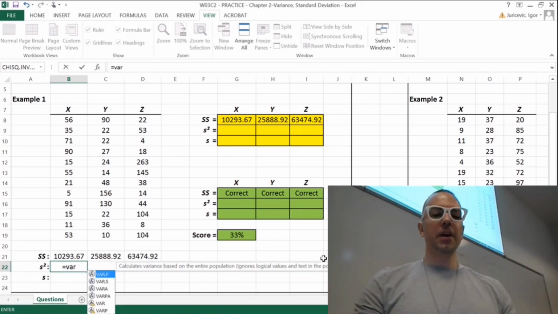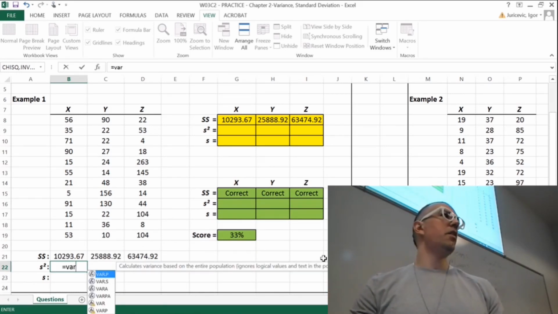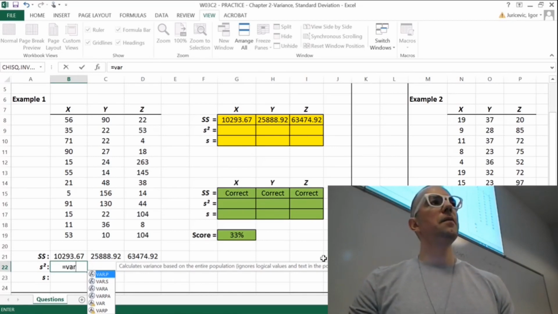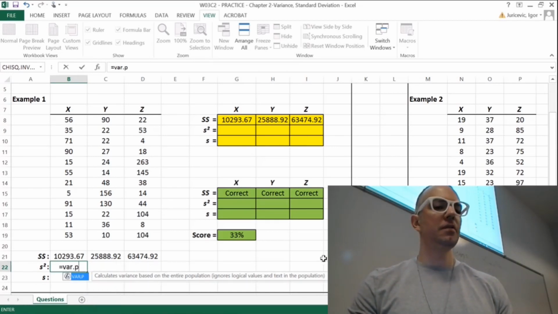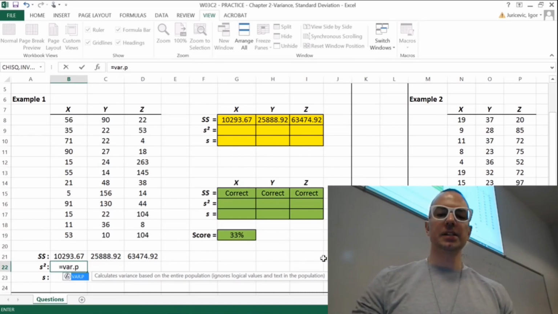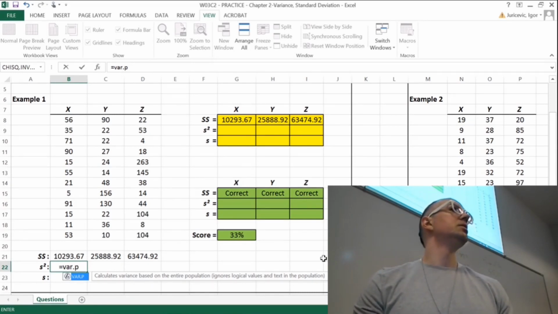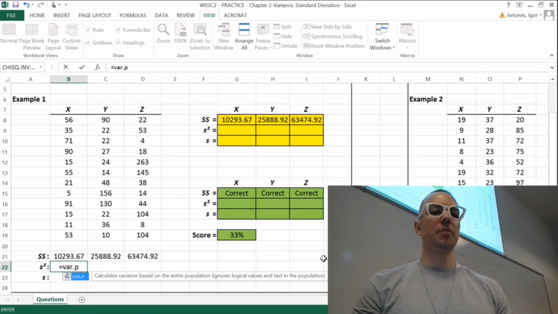The formula for variance starts off as var, and then if you want population variance, you want to choose the one that says .P. So .P is your way of telling Excel that you are doing population. The P stands for population. So you can see here it calculates variance based on the entire population.